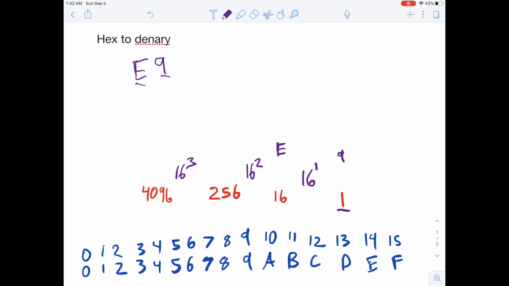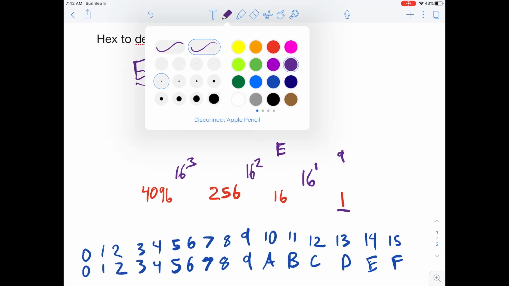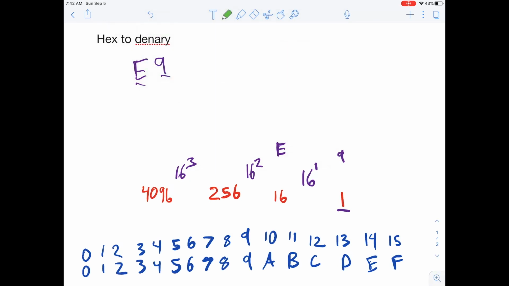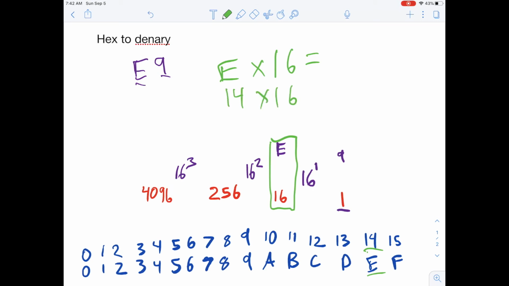place value. So what that means is, let me get another pen. E is going to be multiplied by 16. And if we come down here, we can see E is 14, so it's actually going to be 14 times 16.